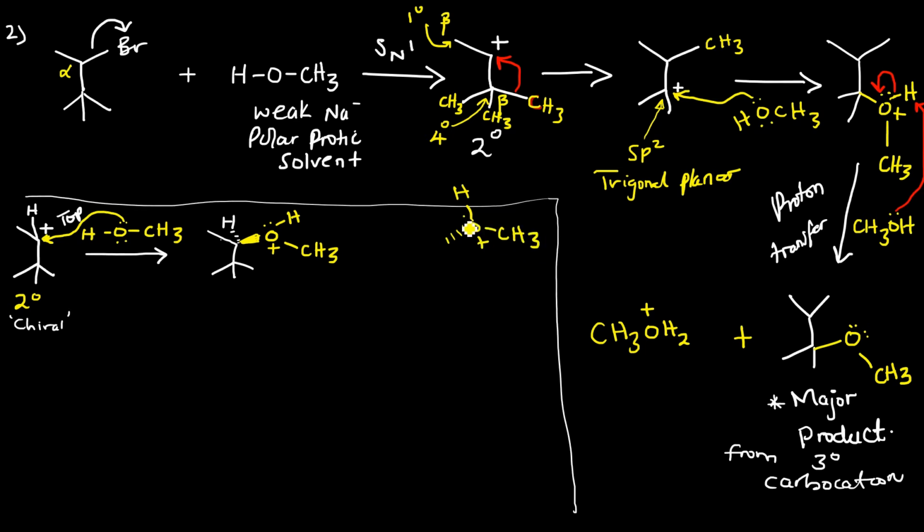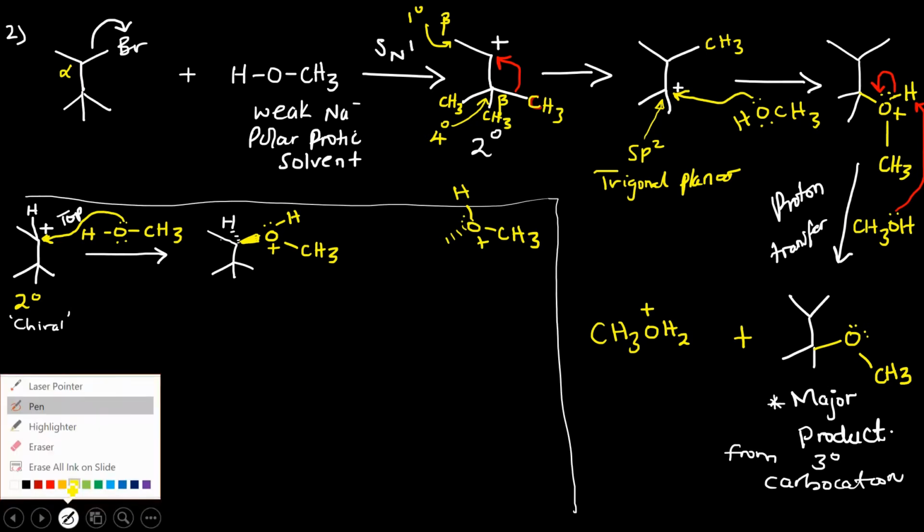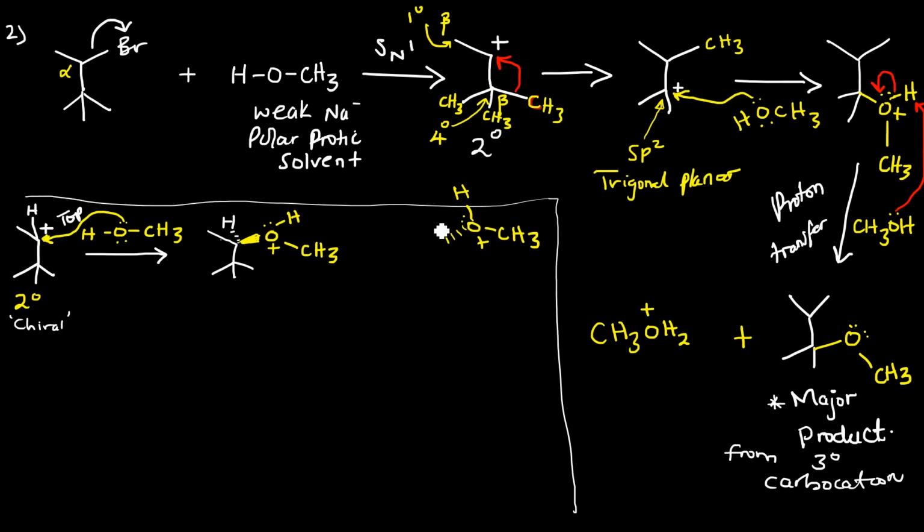Attack from the bottom will give the nucleophile the dash bond, and this time your hydrogen will be flashed up, because it was on the plane before, because this carbon is sp2, trigonal planar, but now because of the bottom attack by the nucleophile, it switches the hydrogen to go to the top as the nucleophile finds space from the bottom.